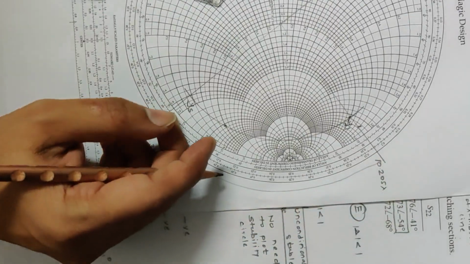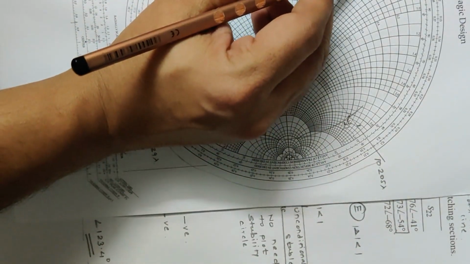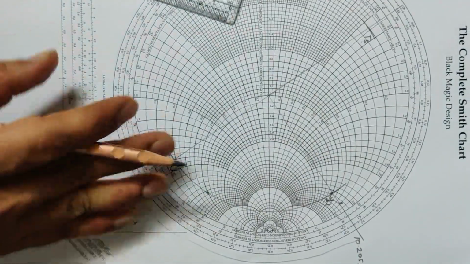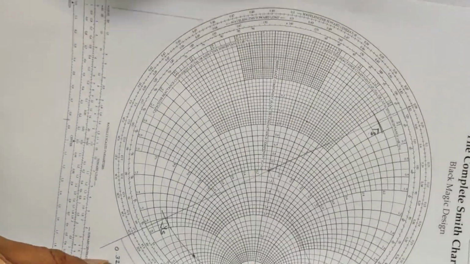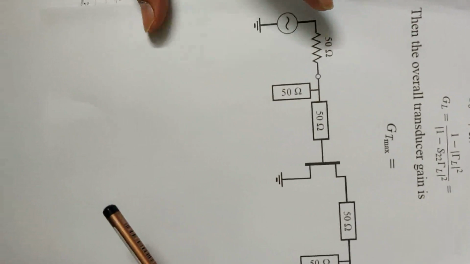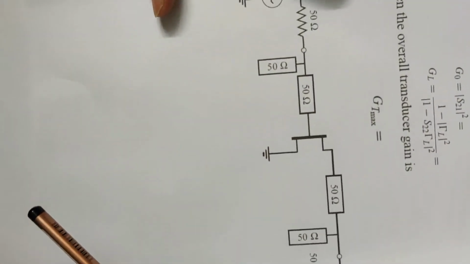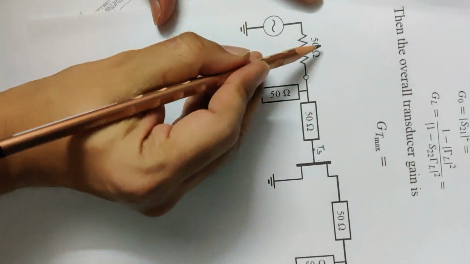in anti-clockwise manner, because we are moving towards load. Though this point is gamma S, we always move towards the load. Just I will explain this concept. Okay, you will have a final amplifier design like this. Now here it is gamma S, and this is 50 ohm.